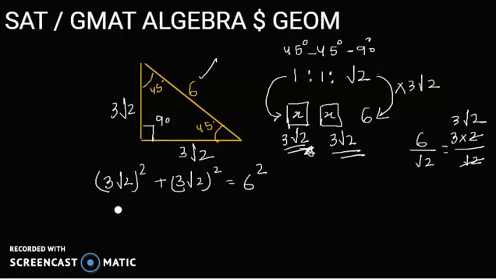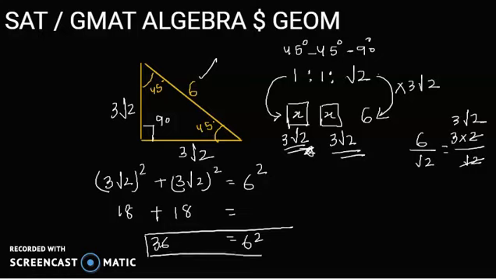Now 3√2 square is 9 times 2, 18, plus 18, and 18 plus 18 is 36, which is equal to 6 square. That means the result that we have got here is correct.